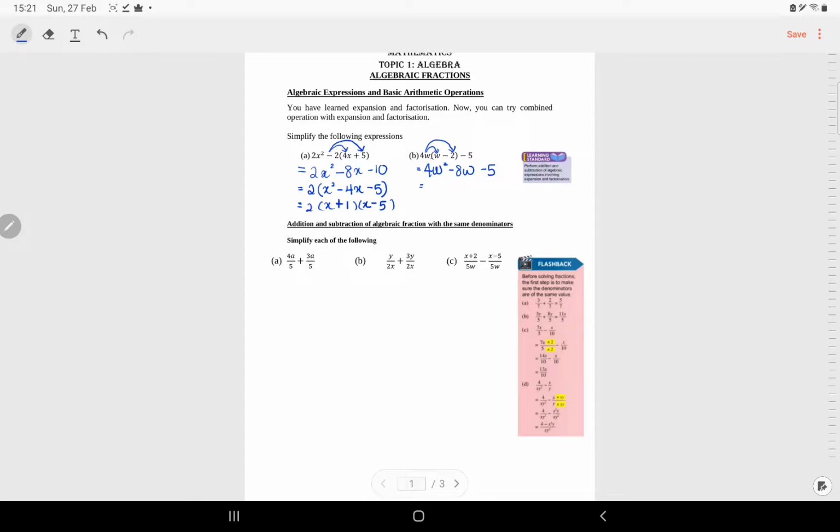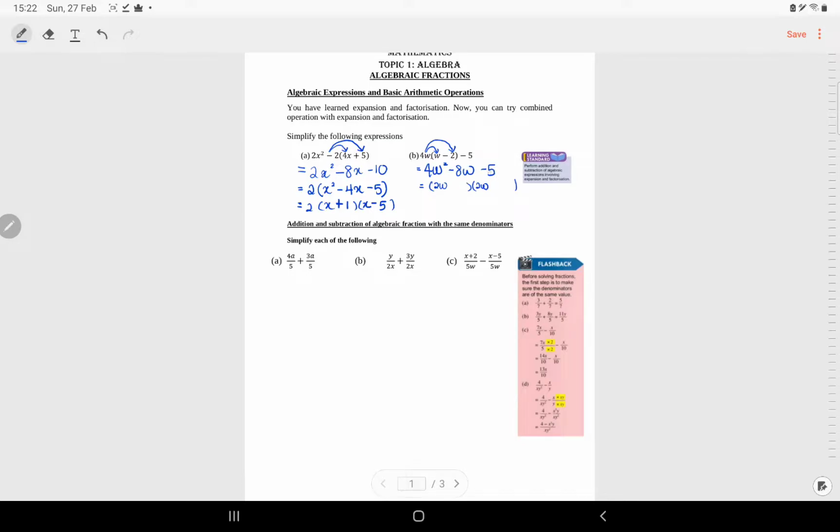Okay, then next let's try to factorize that. We'll take 2w, and then 5. So 4w, I've broken it down into 2w left and right, and now we have the number 5 here.